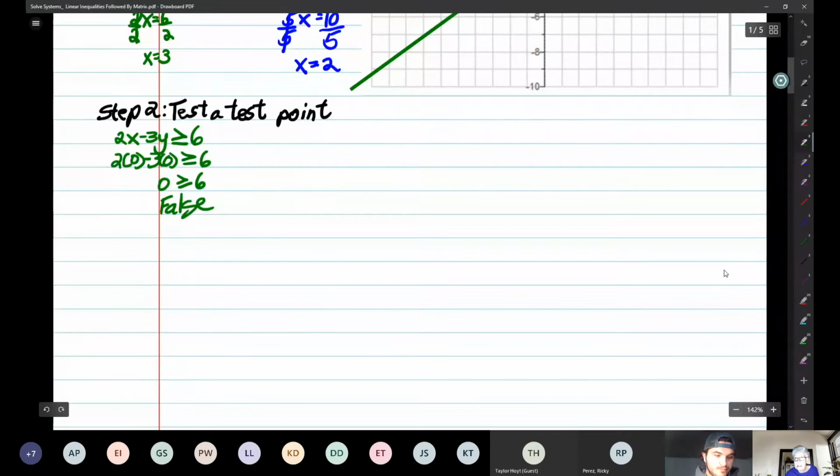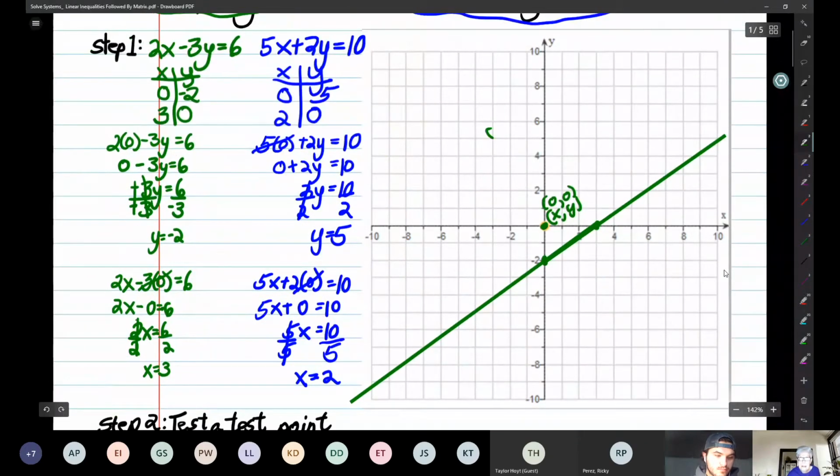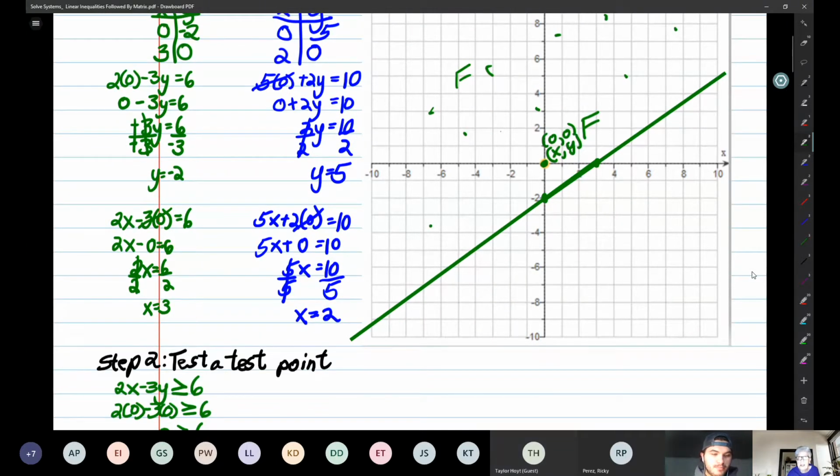Now what that means is that any point over here is also going to give me a false. So it's not going to do me any good. But it also means, if everything over here is a great big F, then everything over here is a great big T. It's true.